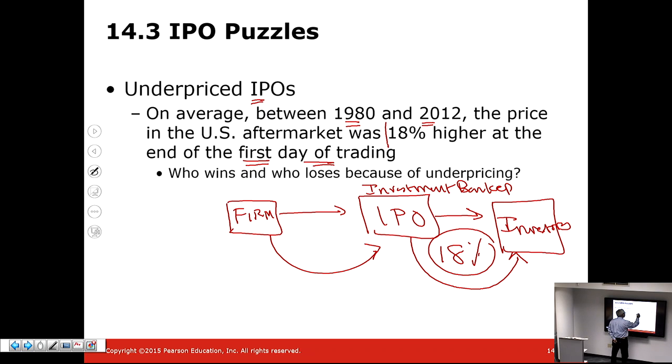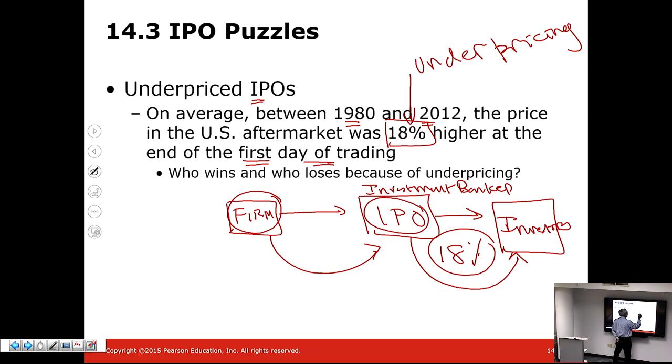Stated another way, this 18% represents underpricing. Meaning, you, the firm, sold the stock to the investment banker at less money than you could have received. And by how much? About 18%.